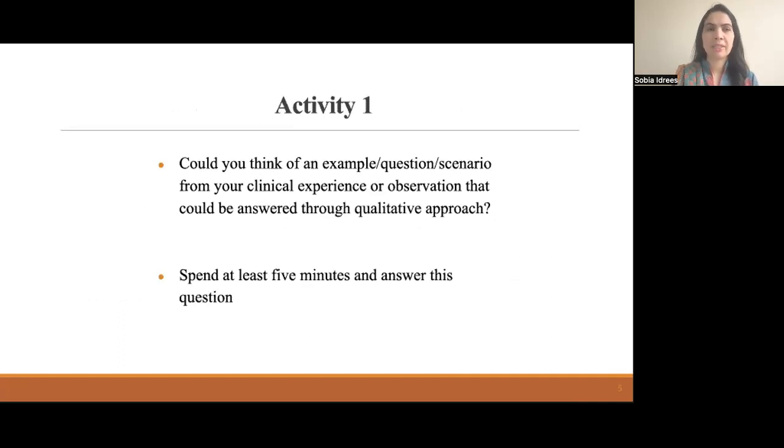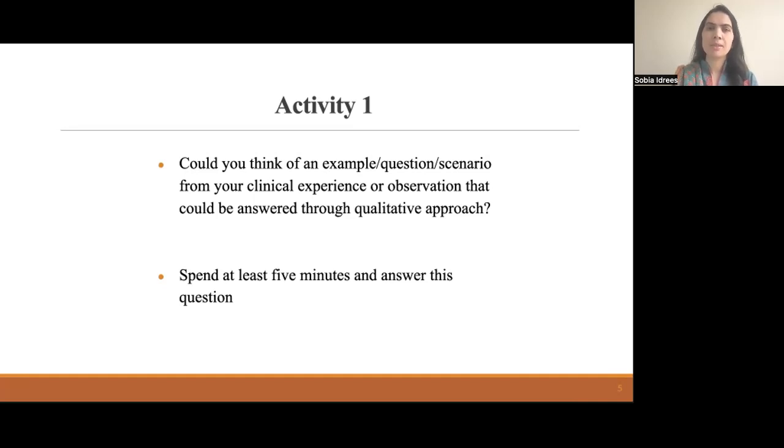So I have an activity for you. Could you think of an example question or scenario from your clinical experience or observation that could be answered through a qualitative approach? You work in your clinical area and come across different scenarios and situations.